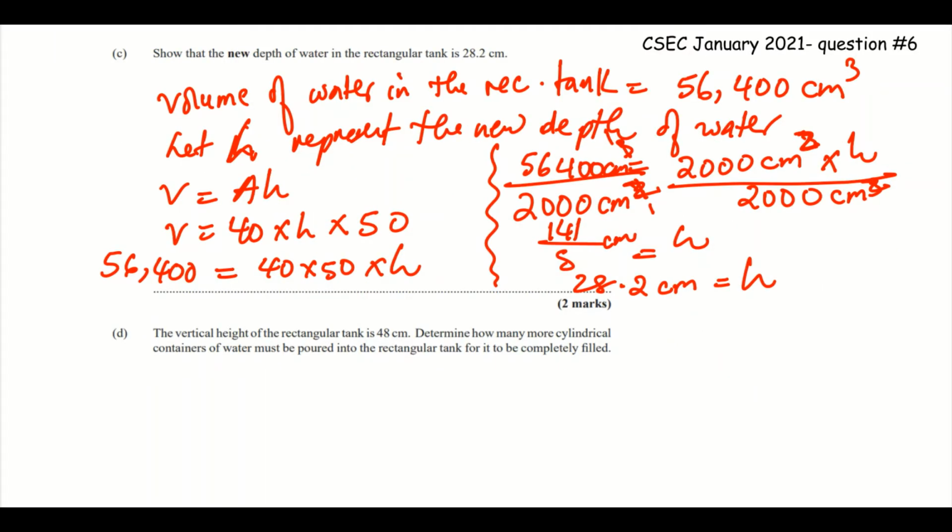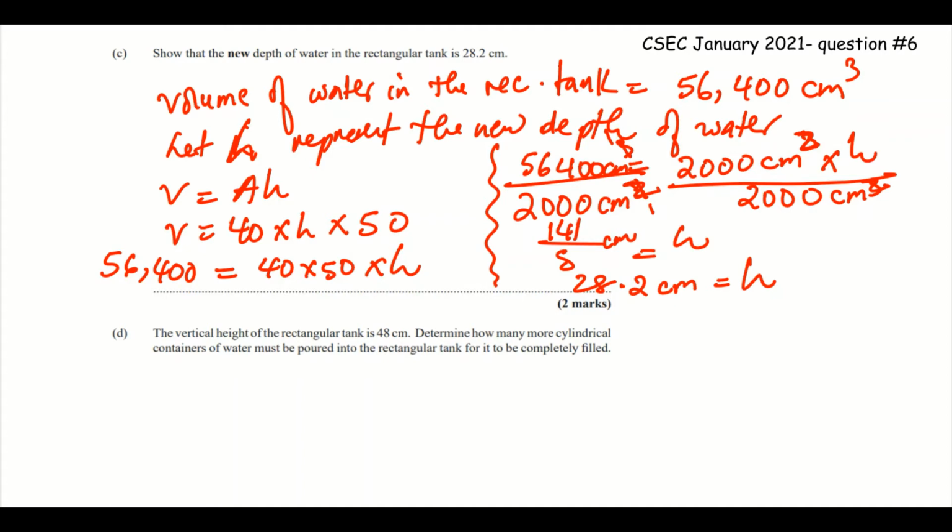Alright, and the final part of this question says the vertical height of the rectangular tank is 48 centimeter. So determine how many more cylindrical containers of water must be poured into the rectangular tank for it to be completely filled.